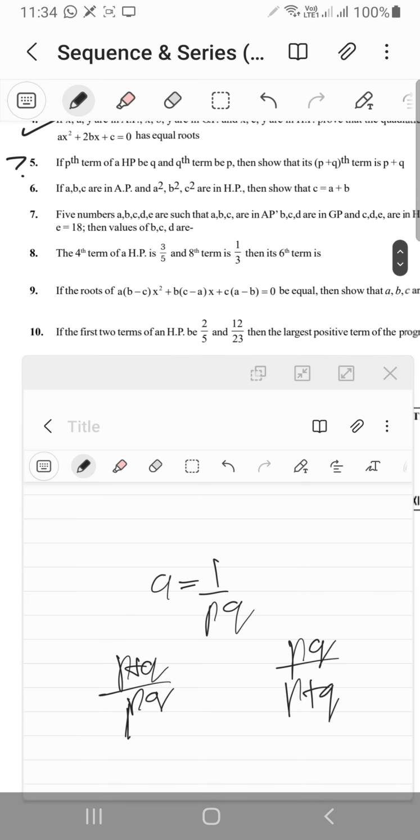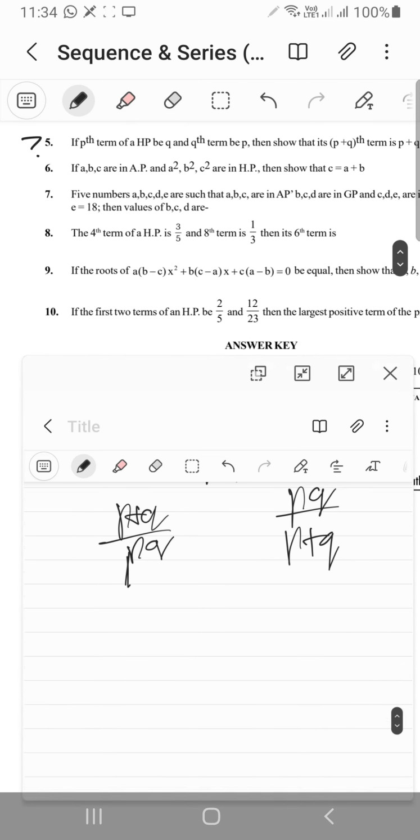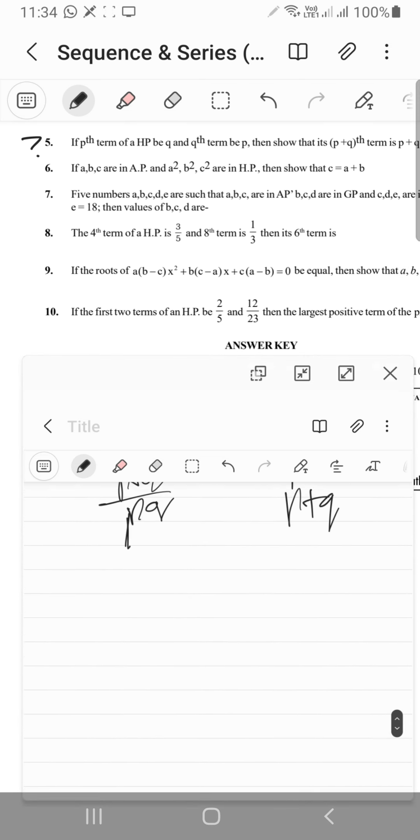Next, if a, b, c are in AP and a squared, b squared, c squared are in HP, show that c equals a plus b. Okay, c equal to a plus b.